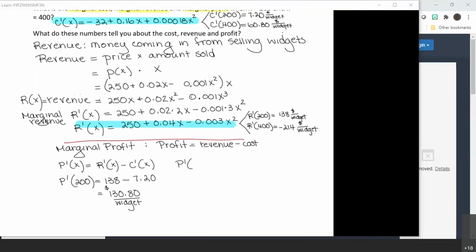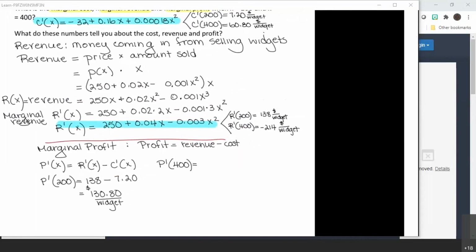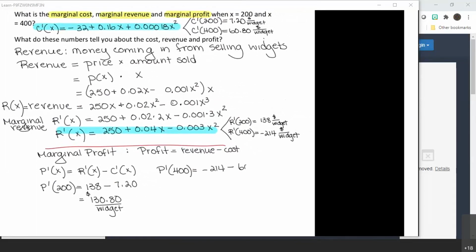At the other production level, which was 400, I'm going to take the revenue, which was minus 214, and then subtract the cost. And again, what that's telling me is I really don't want to make and sell that many because my profit kind of plummets. So again, basically, I'd say stick to the lower production level.